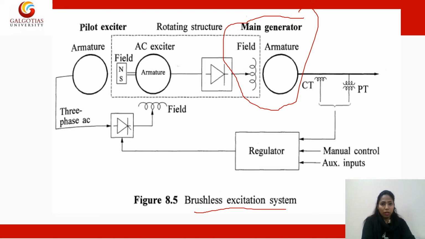The rectifier and the armature of the AC exciter are rotating. The pilot exciter output excites the field winding of the exciter, and then the controlled DC voltage is provided to the field winding of the synchronous machine. So this is the brushless excitation system.